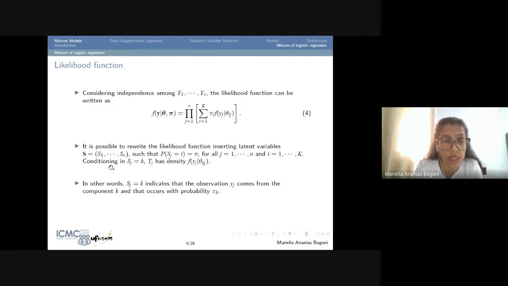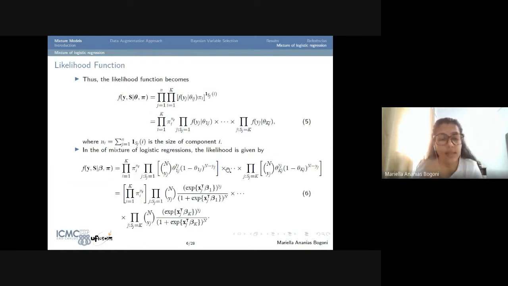Conditioning on S_g equals k, the variable y_g has density f(y_g | theta_kg). Once we add these latent variables to the model, the likelihood function becomes equation 5, and now we have a product of products.